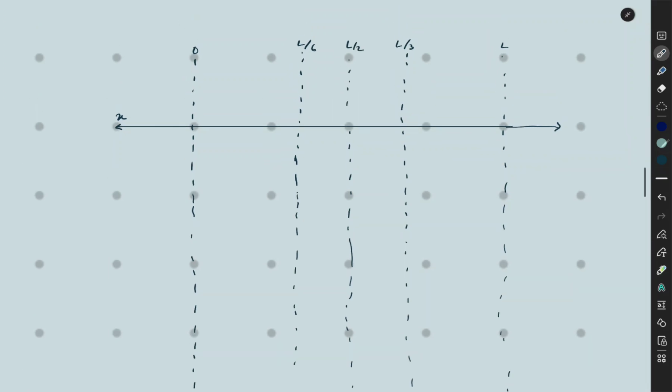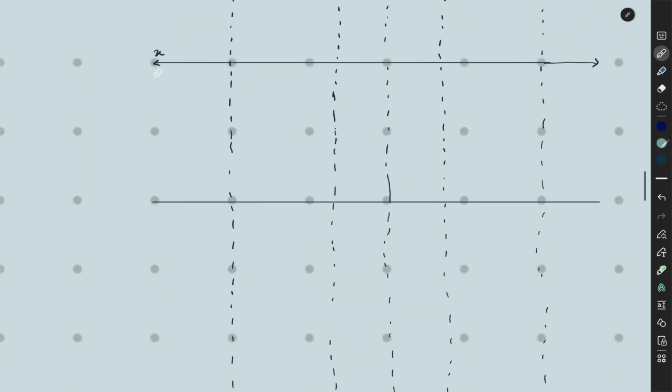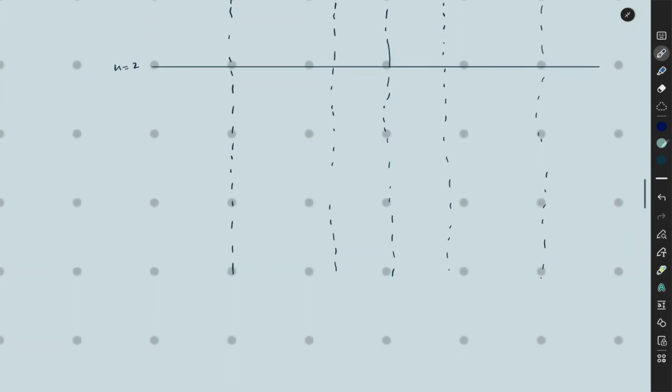We will draw it for 3 separate n, that is n equal to 1, n equal to 2, and for one more, that is n equal to 3.